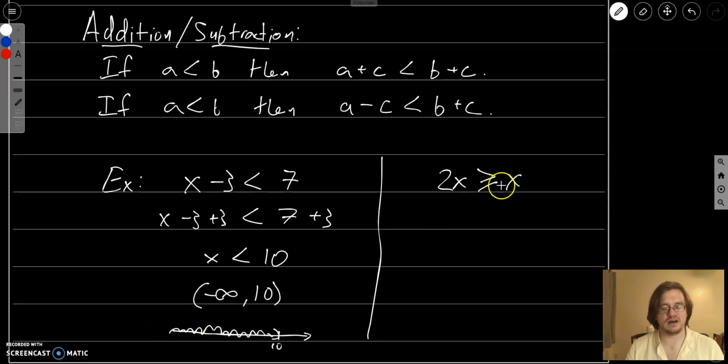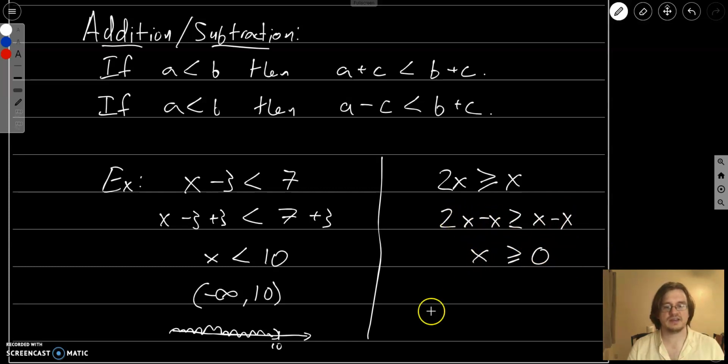Okay. Over here, I have 2x is greater than or equal to x, so maybe I can cancel this out by taking 2x, and I can subtract an x from both sides. And when I subtract the x from this side, I'll just get 0, and if I take 2x and I subtract x, this will just be x is greater than or equal to 0.